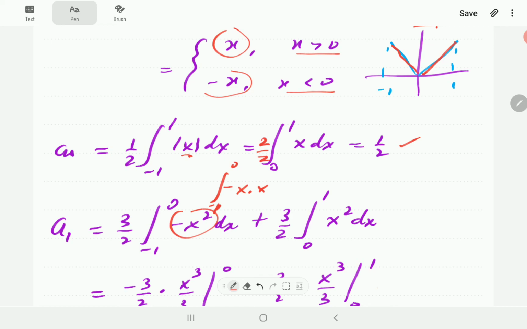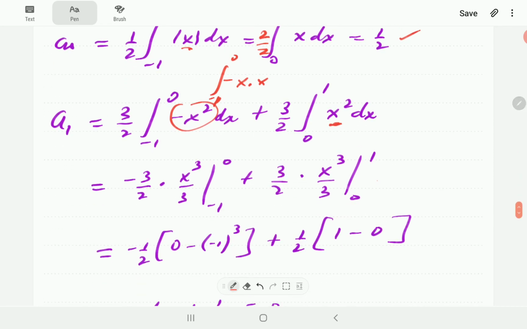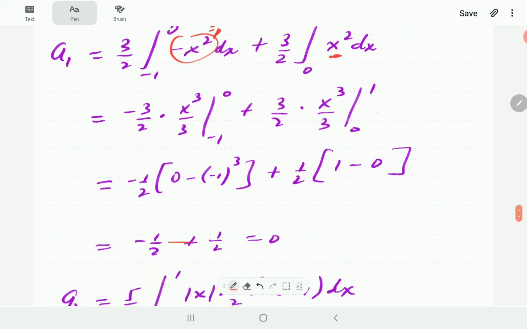And then on the right hand side it is going to work out to x squared. We integrate, and it's going to give us 3/2 times negative x cubed over 3. This time it's the same thing but positive. Those are the limits, and when we plug this in, finally it gives us 0.